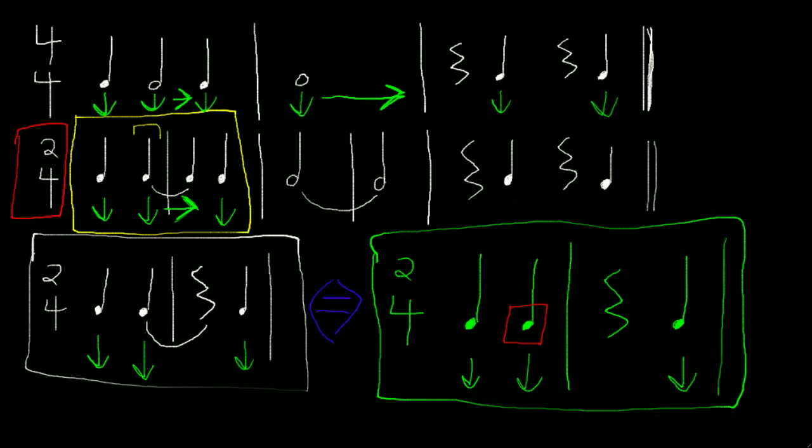So that is one answer to the question of, would you tie this note into a quarter rest like that? The first reason I'm going to say you wouldn't is because you would never do that. You would never tie a quarter note into a rest like this, because it really doesn't tell you anything new about how you would play it.